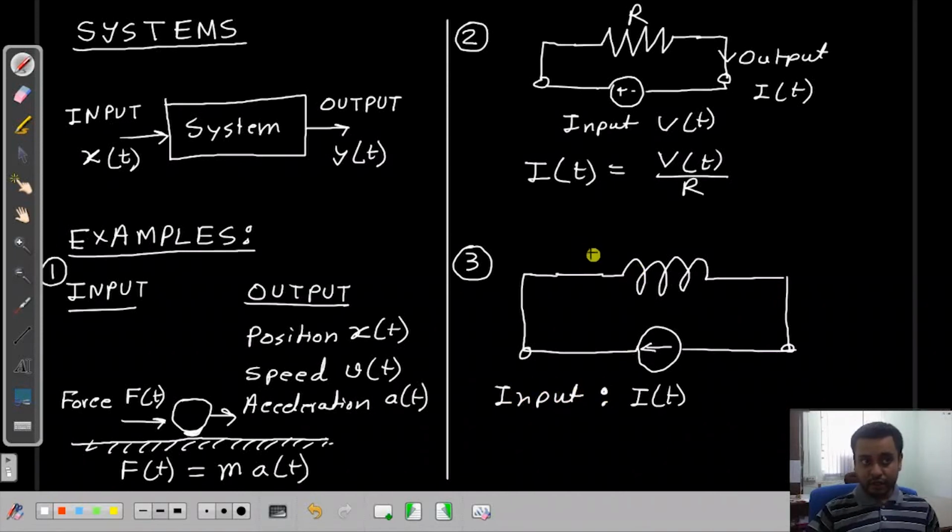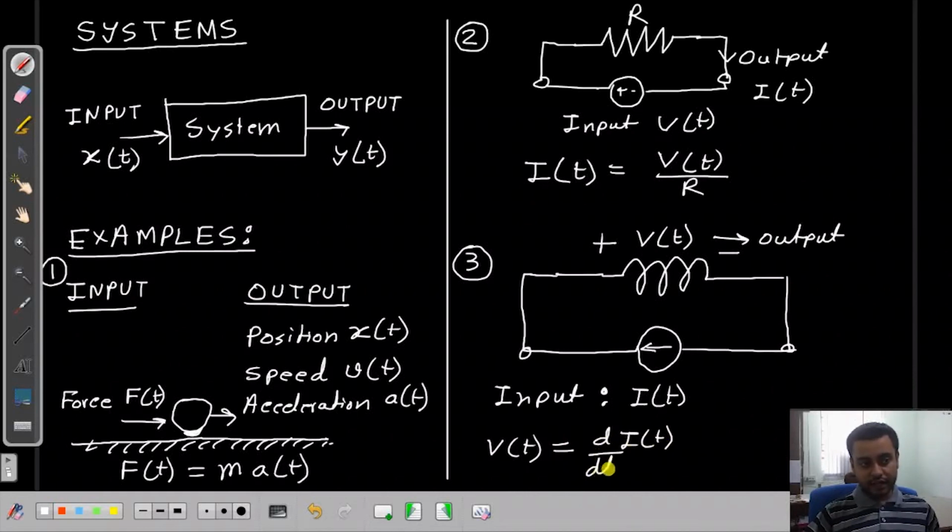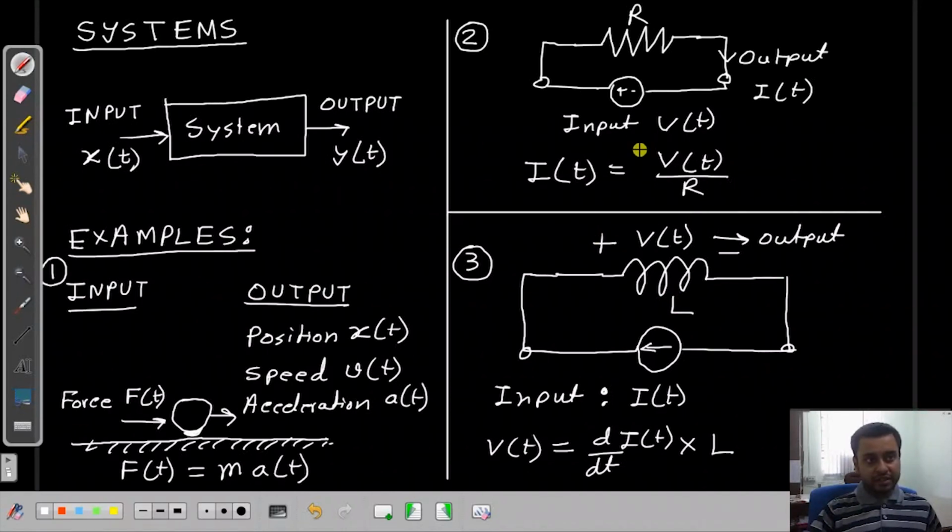As a result, there will be some voltage induced across this coil, call it v of t, and that is the output. The relation between the input and output is very simple. We know that v of t, voltage, is equal to the derivative of the current, di/dt, multiplied by some constant L, that is the inductance. So these are some very simple electrical systems.